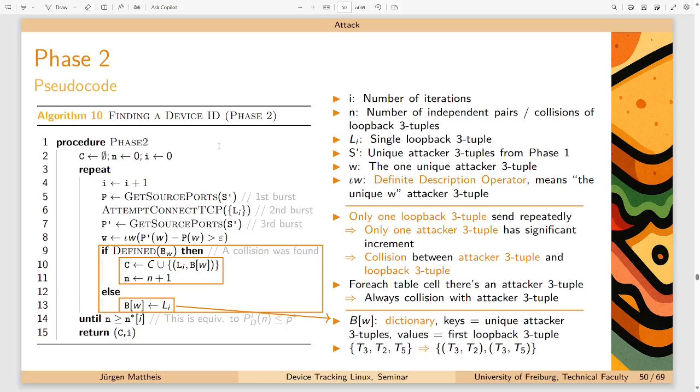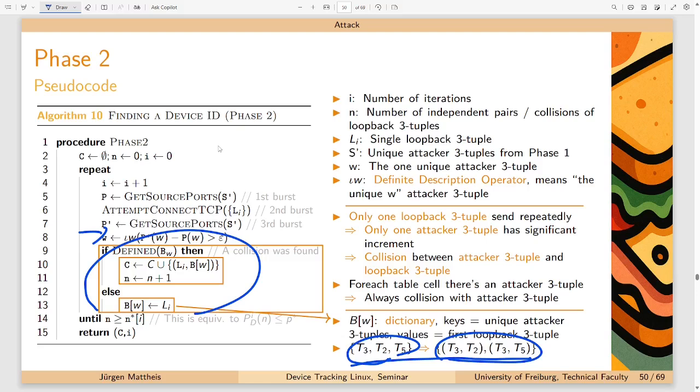And now we come to a case distinction. Beyond the condition we just talked about, this case distinction in this algorithm is basically just to construct independent pairs over here. If we have 3 loopback tuples that collide with each other, then we can construct an independent pair from it. Let's say this loopback free tuple is the first to collide with a certain perturbation table cell, which we know because it collides with a certain unique attacker free tuple.